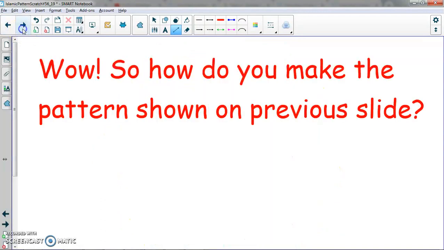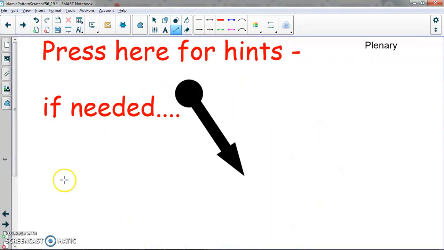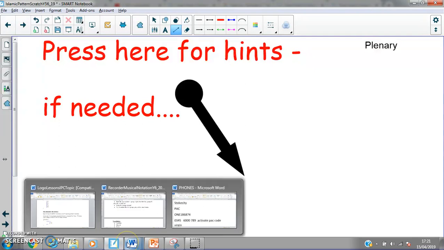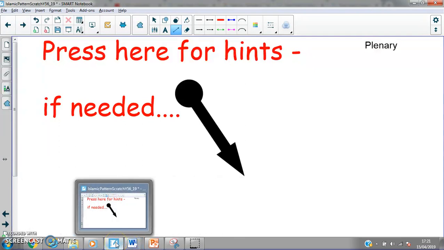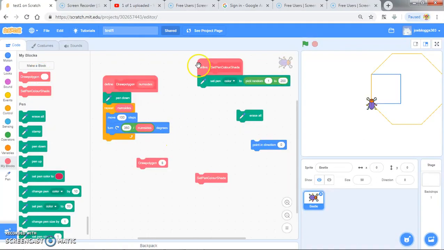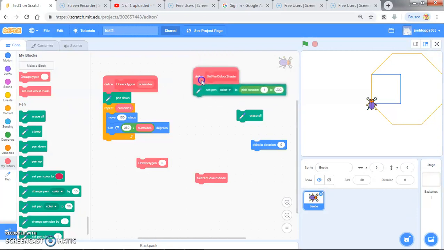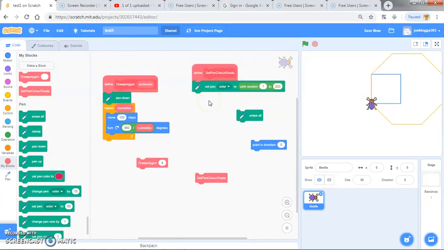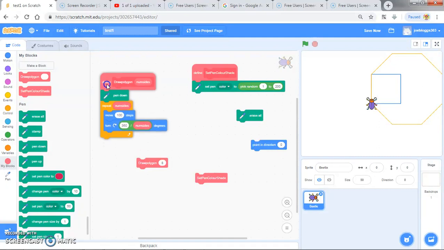And so I'm just going to give a few hints for those who need it or like it on how to do that. And one of the things we've worked out how to do in Scratch is to define our own blocks. We started by doing a very simple block here of setting a pen colour, and then we looked at a much more complicated one, which was draw a polygon, where we passed into that the number of sides.